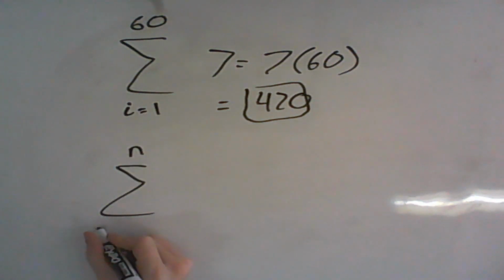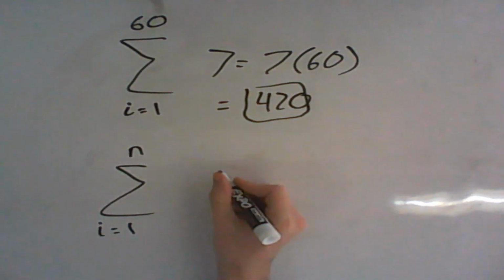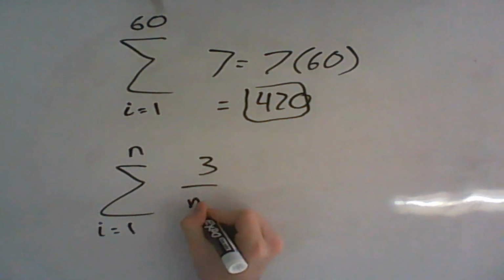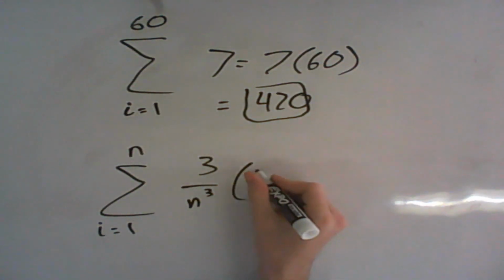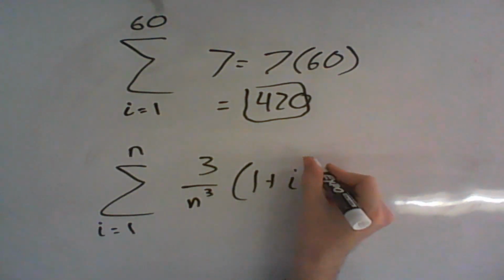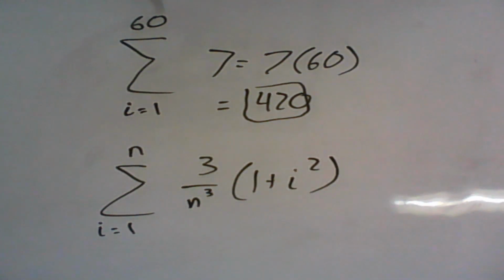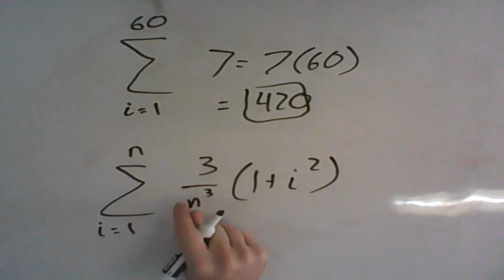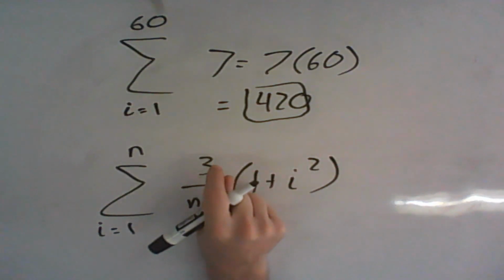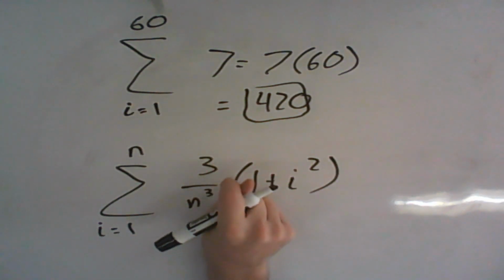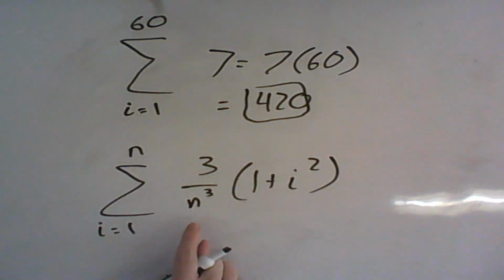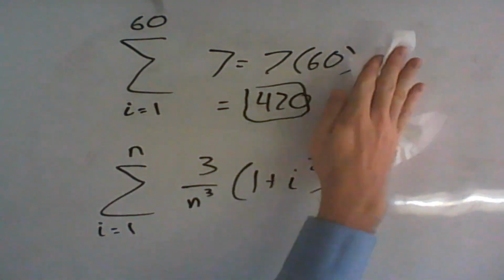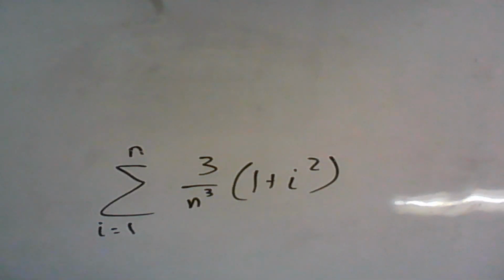The sum is i equals 1 to n of 3 over n cubed, 1 plus i squared. Now this one, again, this right here is just a constant, because n is just going to be a number. So we can actually factor it off.